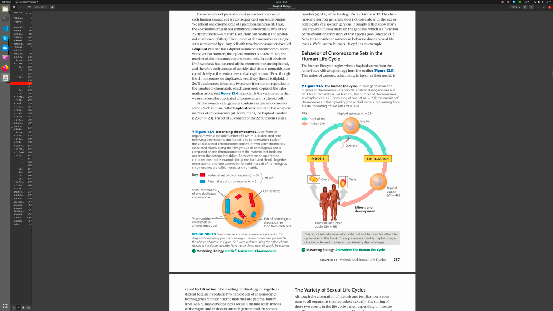And then we have the sister chromatids of a duplicated chromosome. Here we have two non-sister chromatids in a homologous pair. Here we have a centromere. Here we have a pair of homologous chromosomes, which are just called homologs, one from each set.